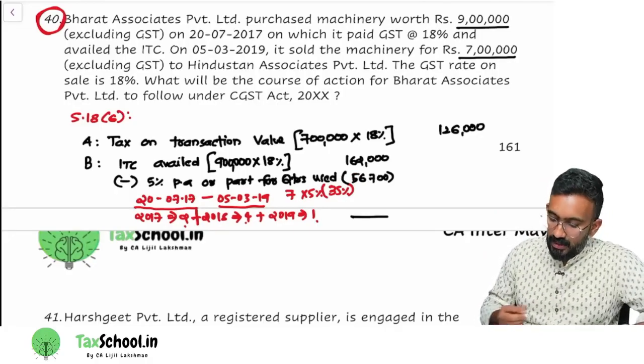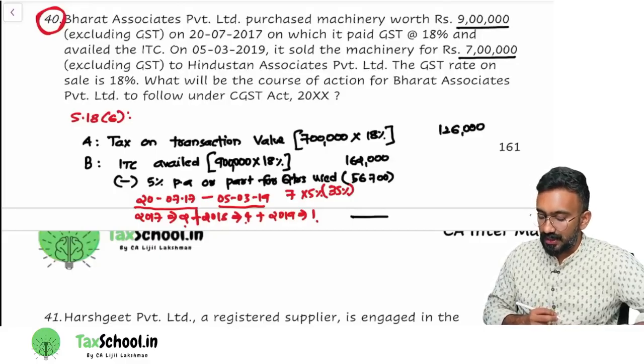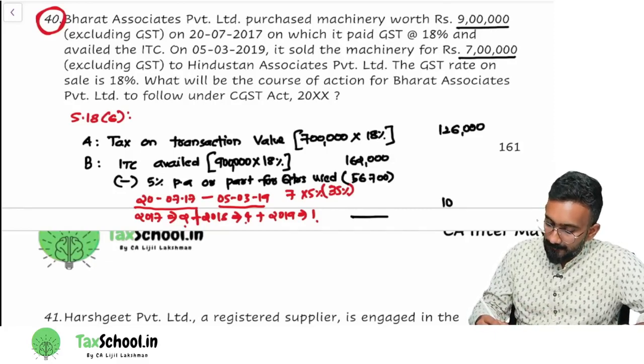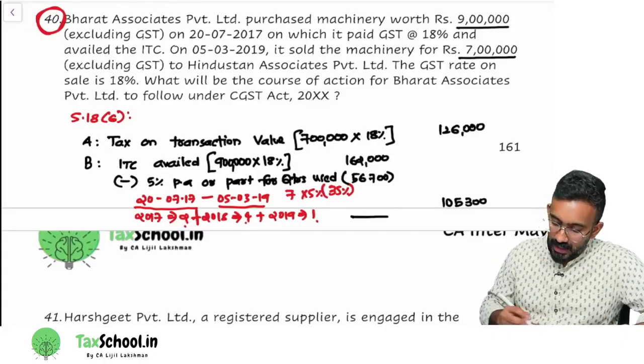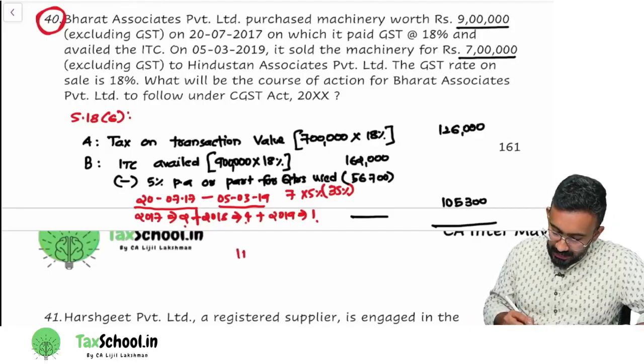So what is the net amount? 162 minus 56,700 would give you 1 lakh 5,300, correct. Out of these two amount, how much is the ITC to be, or tax to be paid, or ITC to be reversed is how much?